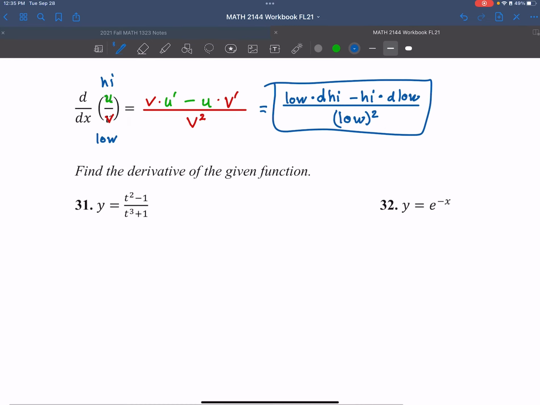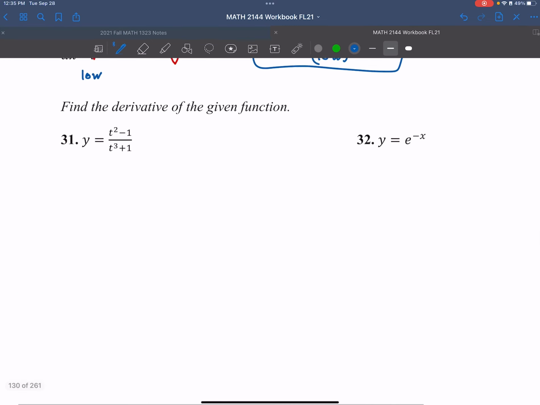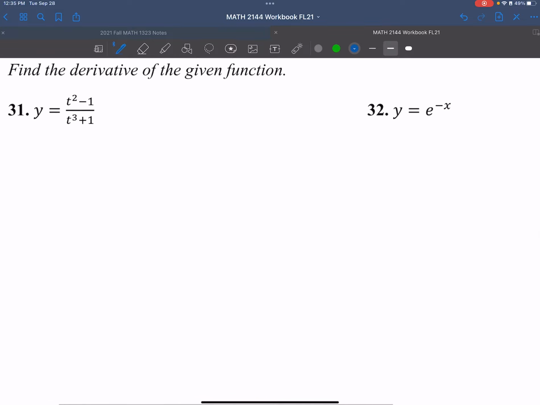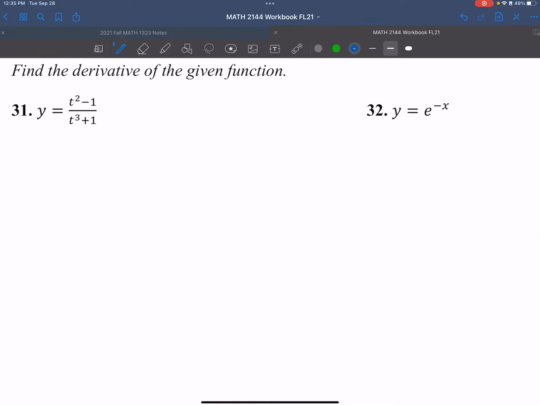All right. So let's go ahead and do 31 and see how that works. So this is going to be high. This is going to be low. So y prime, in the denominator of the quotient rule, will be t cubed plus 1, all squared.